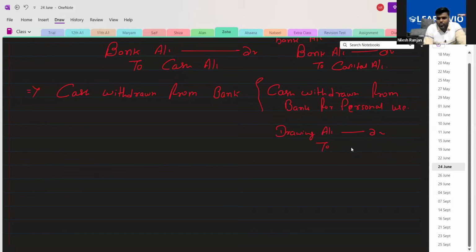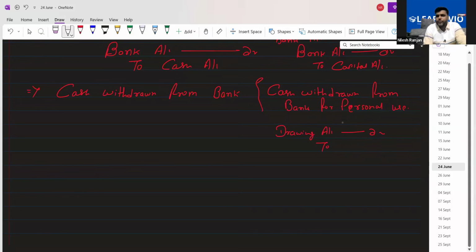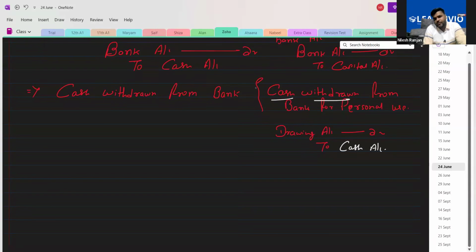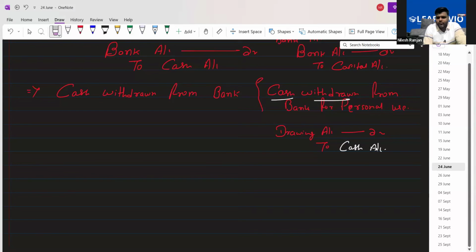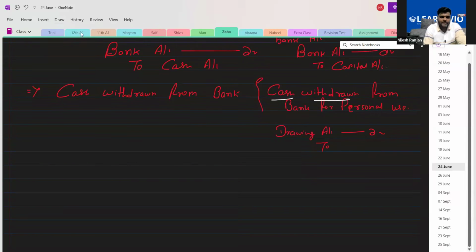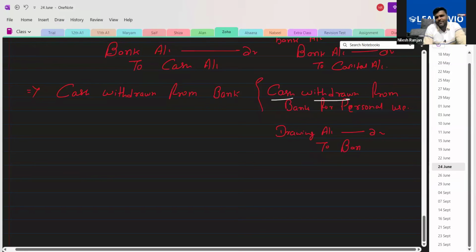Now, the same goes if you withdraw money from bank also. If they say cash withdrawn, okay, I'm making some mistake. Is it cash or is it bank? It will be bank.